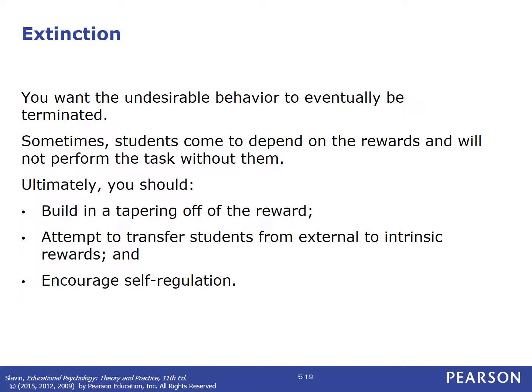At first, students depend on toys and treats and extra recess time. These are what we call extrinsic rewards. And these become more problematic the older students get because they come to depend on them. The thinking will be, well, you have to give me a reward before I do that behavior.